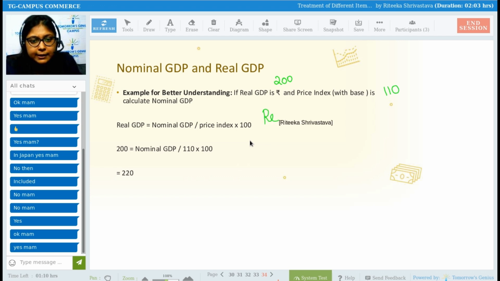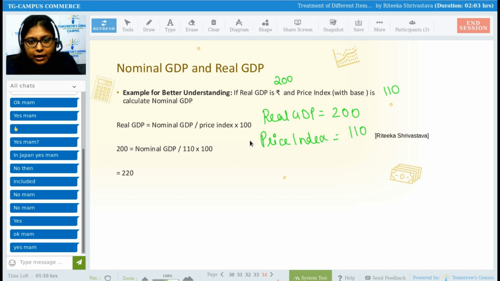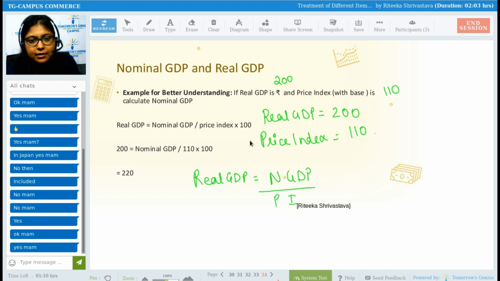Okay. So real GDP is given as 200, price index is given as 110, and what is the formula? Real GDP is equal to nominal GDP upon price index into 100.